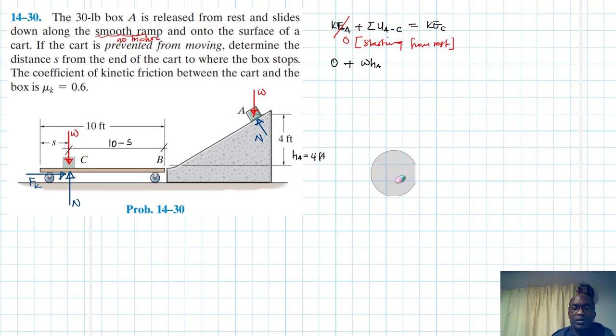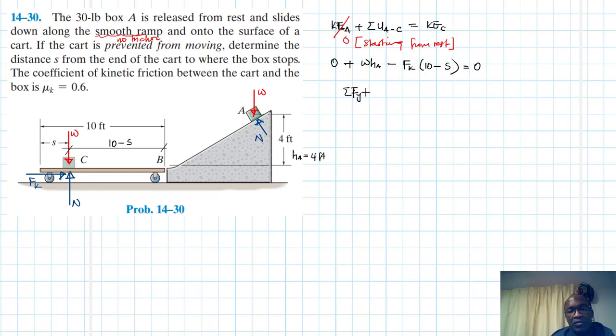So we're going to have minus Fk times the distance, which we've denoted as 10 minus s. And since this box is going to come to a stop, the final kinetic energy is equal to 0. So let's find what Fk is.